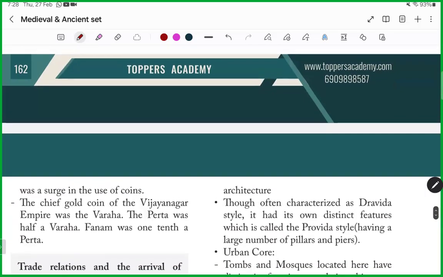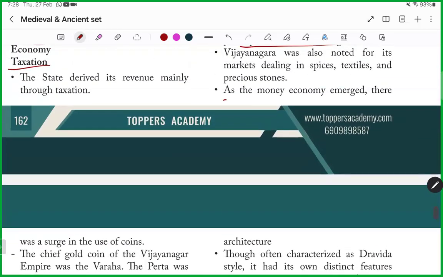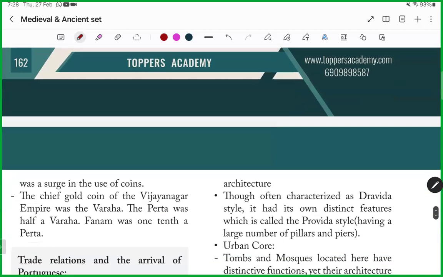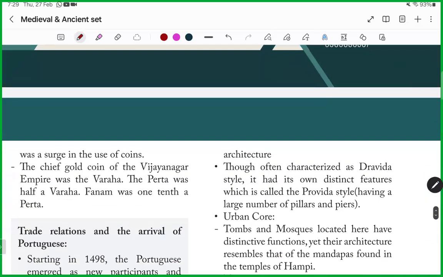As the money economy emerged, there was a surge in the use of coins. Important things to remember: the chief gold coin of the Vijayanagar Empire was the Varaha, the Pratapa was half a Varaha, and the Fanam was 1/10 of the Pratapa.